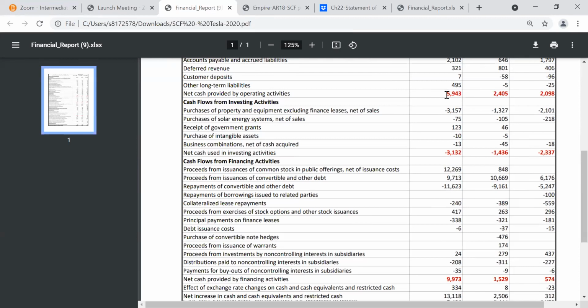2020, they earned enough cash to finance their investing activity, but they still went ahead and raised a lot of cash. This is one, if you know what's going on, will help. What happened is that Tesla's share price increased a lot.